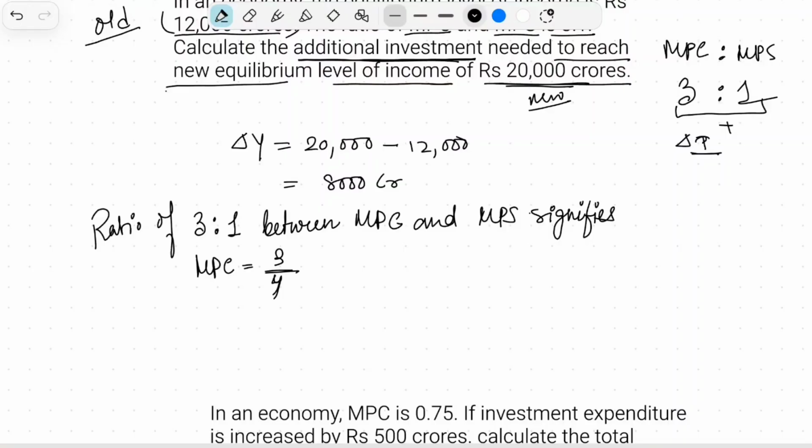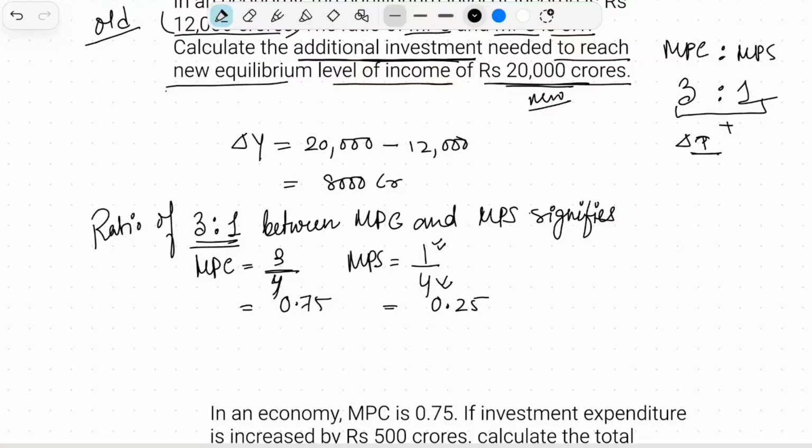It means out of 4, the consumption is 3. And we can also write MPS is equal to 1/4 as per the ratio. This indicates that out of 4, 1 is being saved. If we convert 3/4 into decimal, we get 0.75, and if we convert 1/4 into decimal, we get 0.25. So therefore MPC is 0.75 and MPS is 0.25.